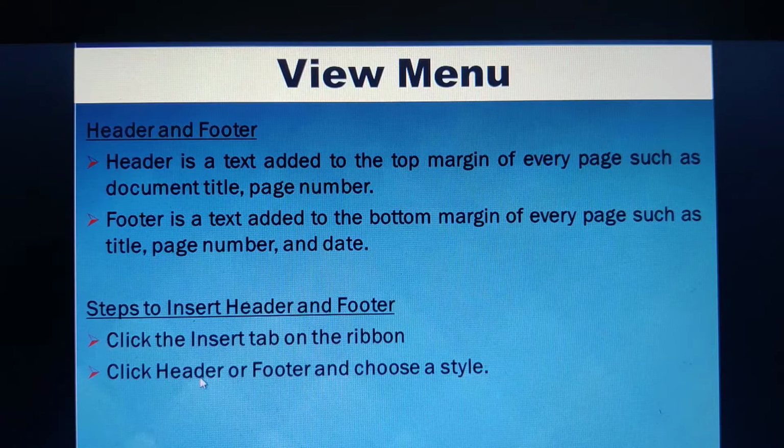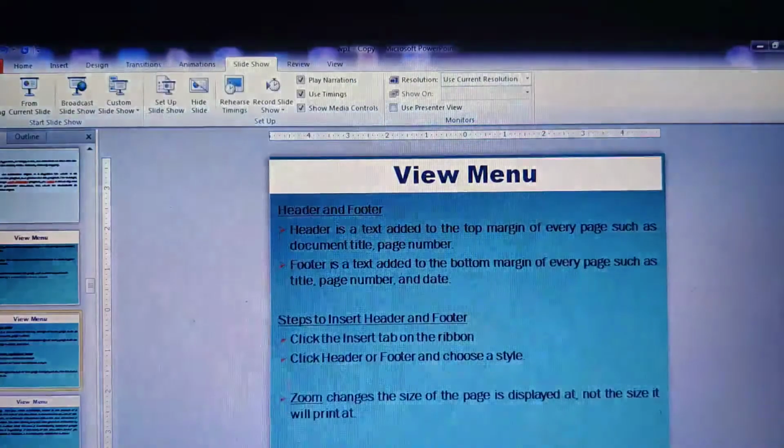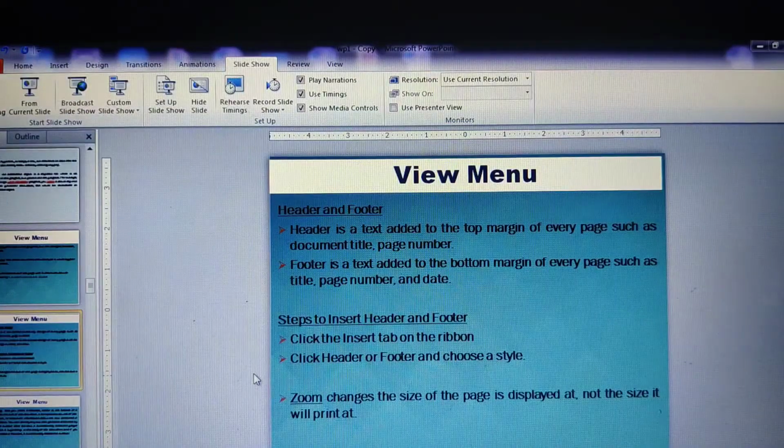In the header and footer option there are different styles. As per your needs, you can choose any one style for your header and footer. So let me show all these options that we have discussed with one of the MS Word documents.